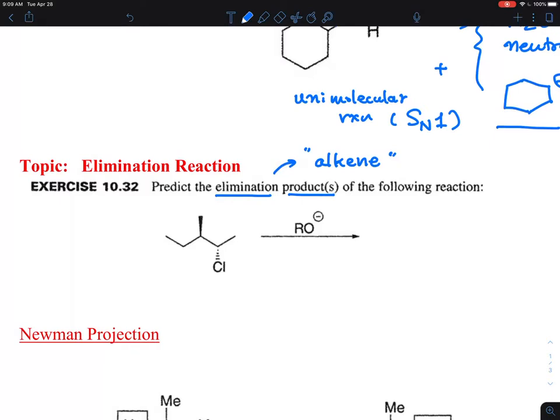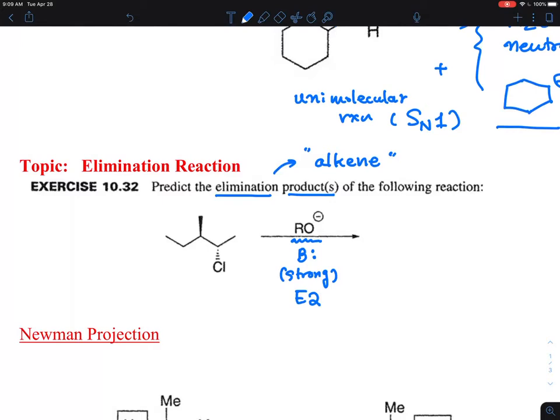Elimination means this RO minus, which we call alkoxide, you should see as a base, and this alkoxide is a strong base. So therefore this will be an E2 mechanism, where the base triggers the reaction.